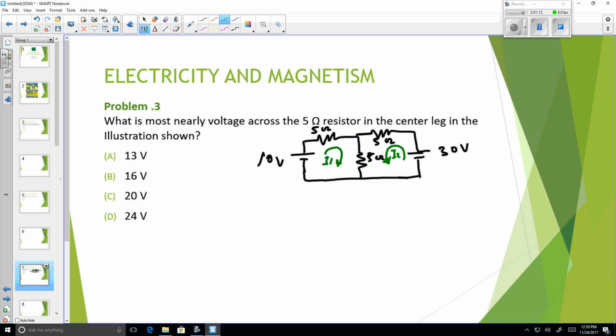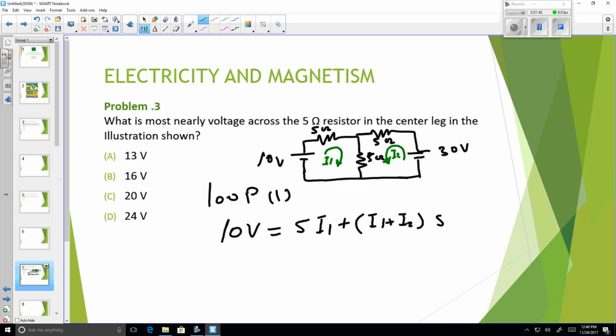So let's write the first loop equation for loop number 1. The only voltage source we have in the loop is 10 volt, which will be equal to the total voltage drop in that loop. So we have 10 volt equal to the first voltage drop, across the 5 ohm resistance, so 5 times I1, plus the second resistor, which is the center leg resistance, where both I1 and I2 are passing in the same direction, so we add them up, times 5.